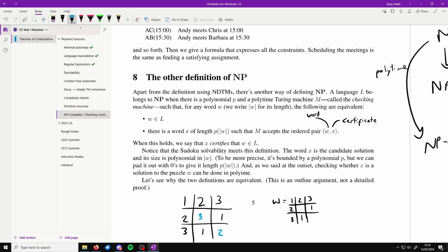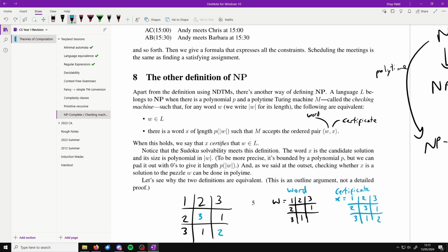And then our candidate solution, we could say X is equal to what we fill it in with. So 1 2 3 2 3 1 3 1 2. And so this certifies that this Sudoku puzzle is actually solvable. So this is our certificate, and this is our word, and this is in our language of solvable Sudoku puzzles.